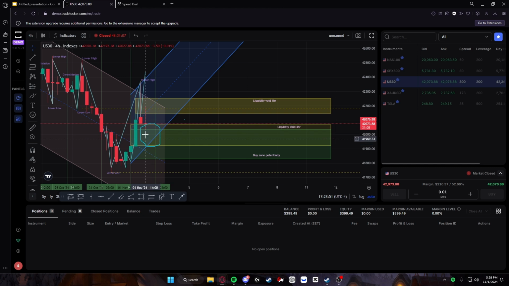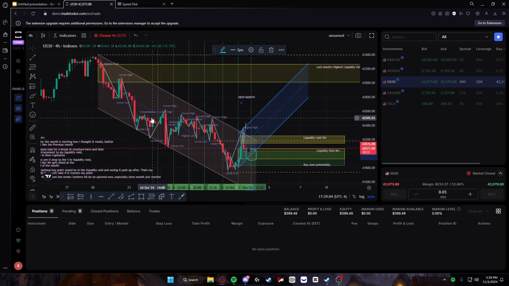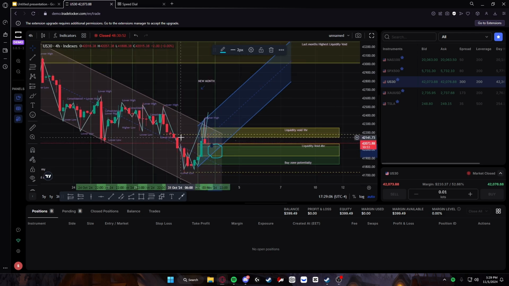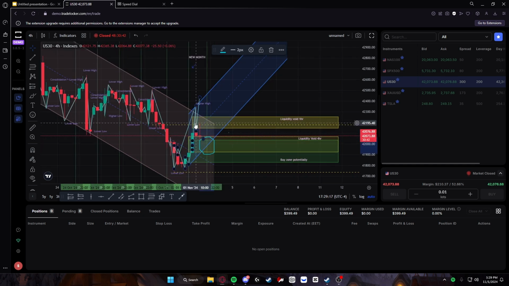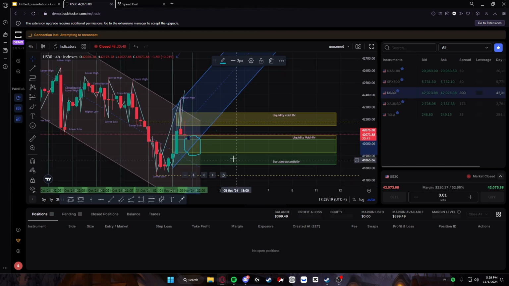If it enters, this circle I marked is the area where I want to buy in for it to go back up. If I lose just a little bit of money and the downtrend does continue, but I really don't expect that, because there are so many voids. For example, right here, that's one of them in the previous month. Things need to get filled. The market's fair.